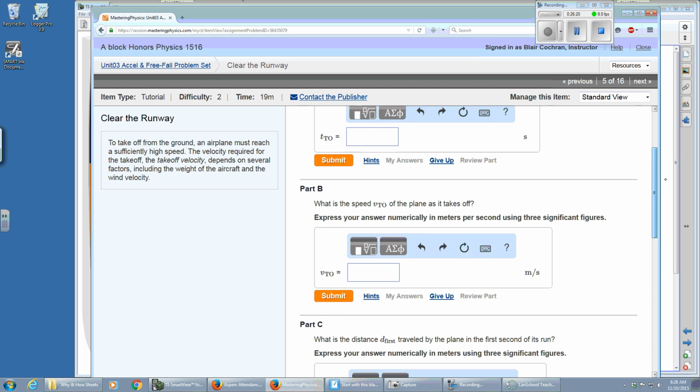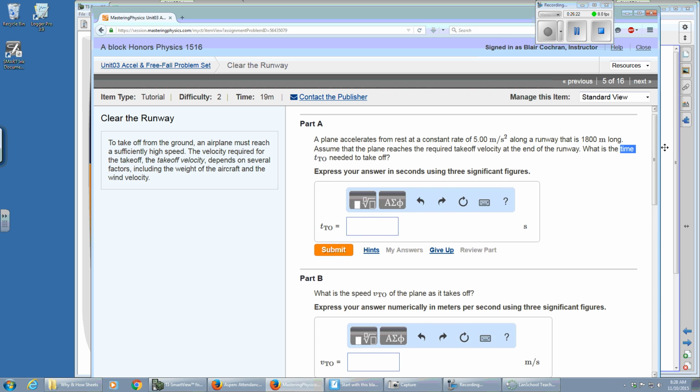So, all of these go back to, this one would not necessarily need a force diagram. Might be helpful, but you wouldn't necessarily need one on this. It's really about understanding how acceleration is related to different parts of the motion.